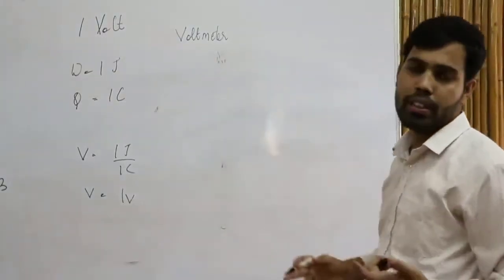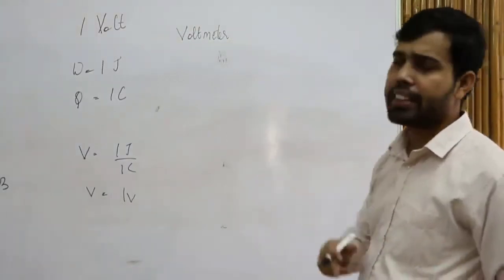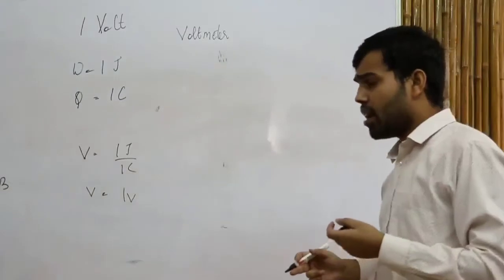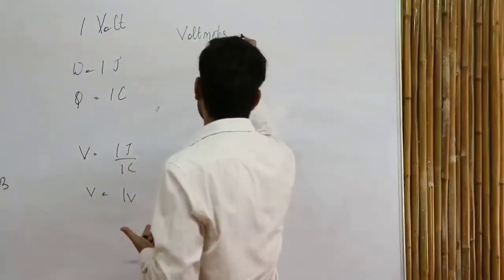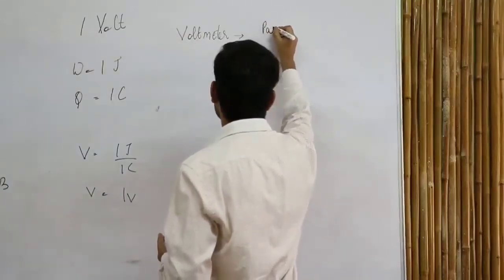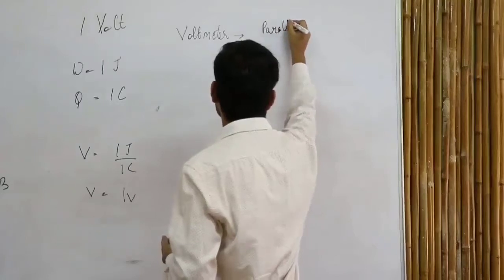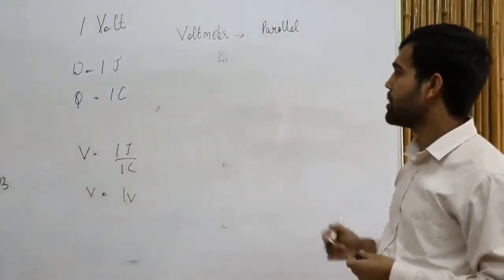Similarly, a voltmeter is a device which is used to detect or measure electric potential. Another thing you should keep in mind is that a voltmeter is always connected in parallel with the circuit.